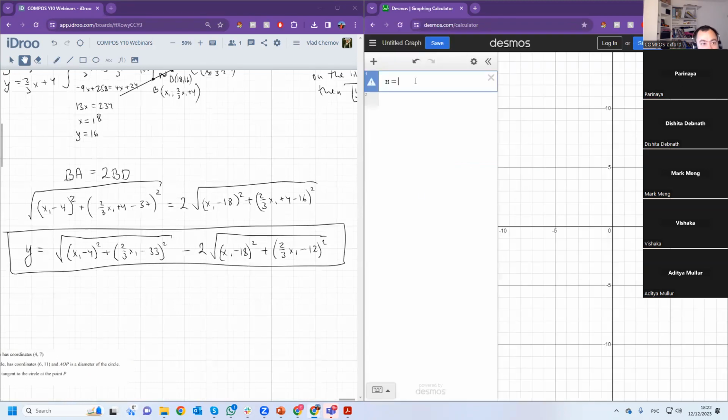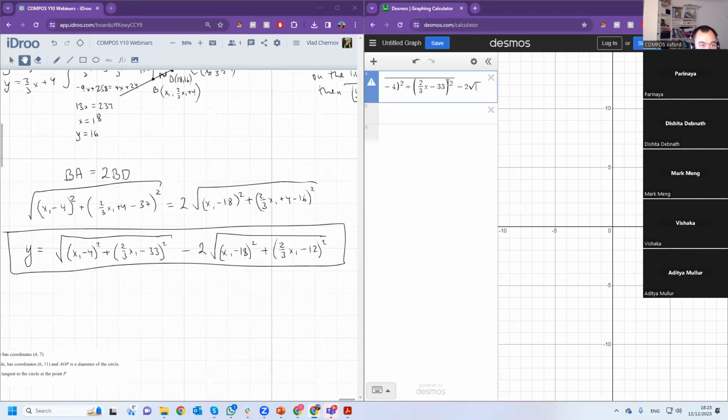So y is equal to square root of (x minus 4) squared plus (2/3 x minus 33) squared, minus 2 square root.